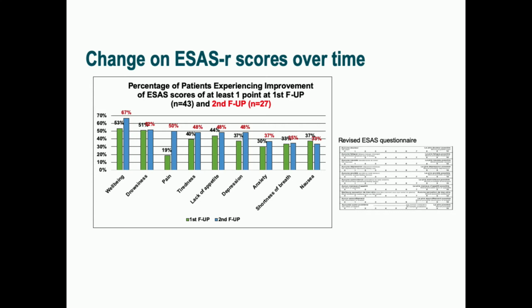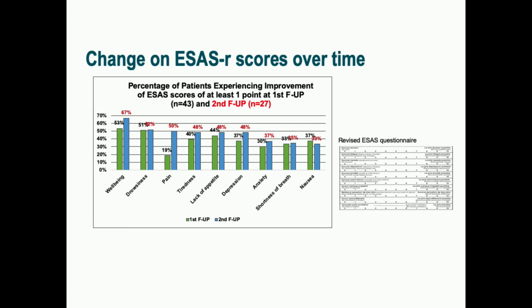That tells you that it is really a process. Prescribing cannabis is a process. You are getting familiar with the patient, the patient is getting familiar with cannabis, and there is something that needs to take place and requires time. So that is very important.